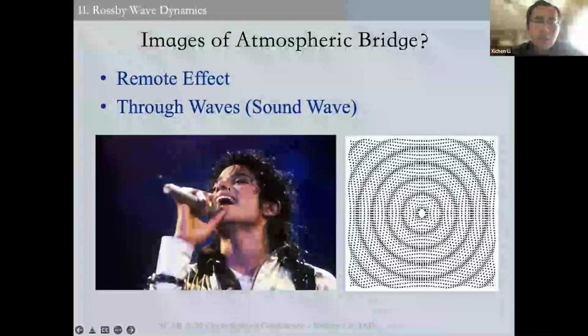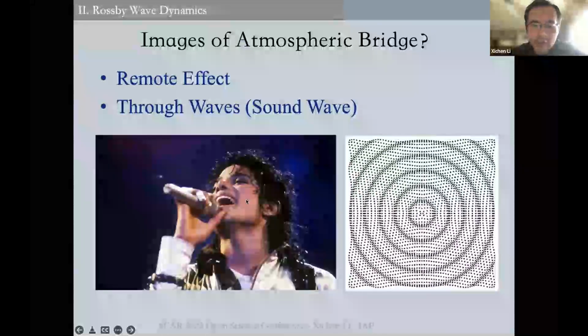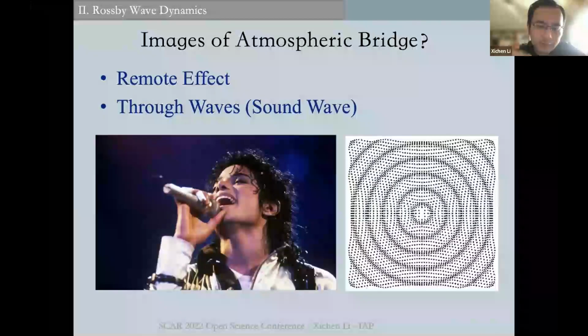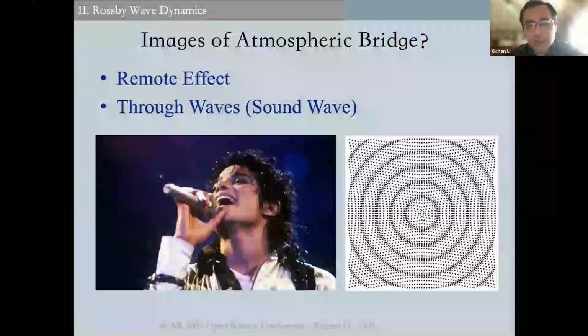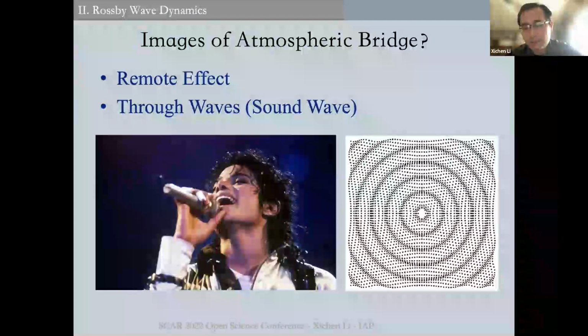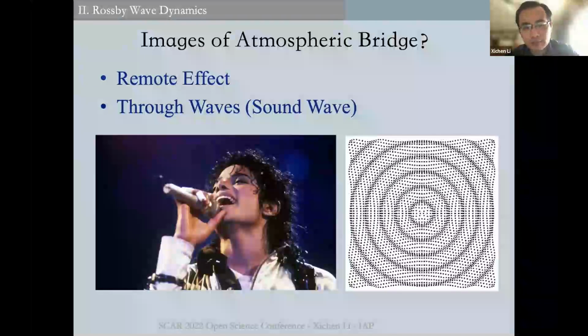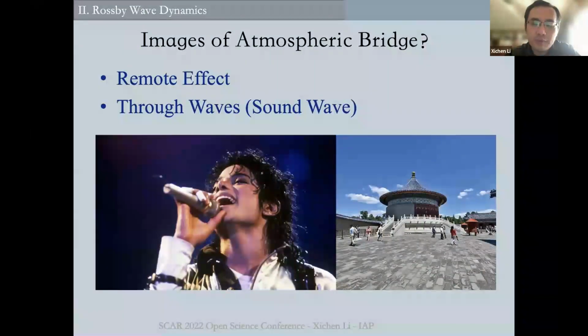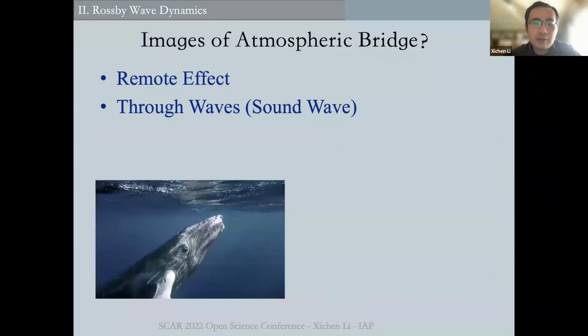When we speak, we perturb the atmosphere around us, we change the velocity and pressure, and it propagates through sound waves. Usually the sound of a human can only propagate less than 100 kilometers, but for some mammals like whales in the ocean, the sound can propagate for 1,000 kilometers, and they really communicate with whales 1,000 kilometers away.